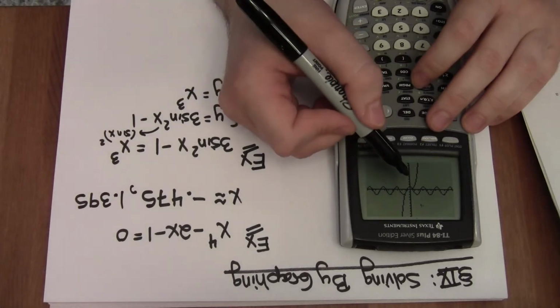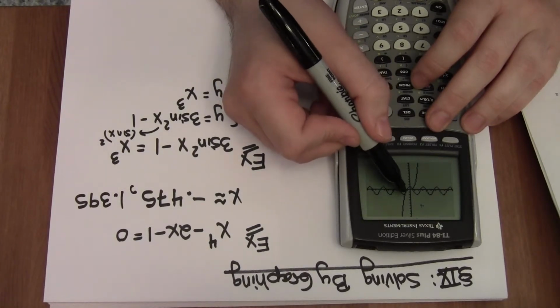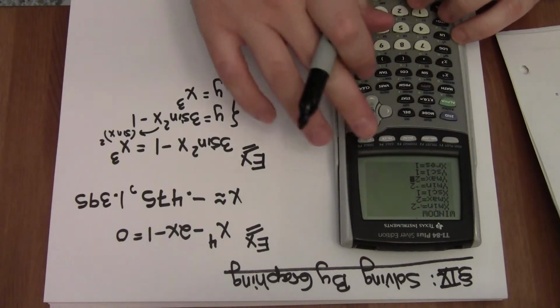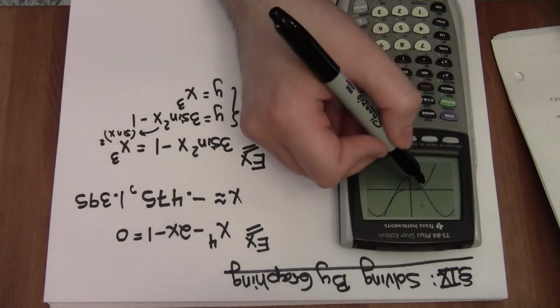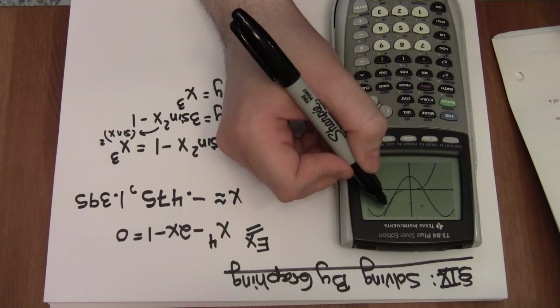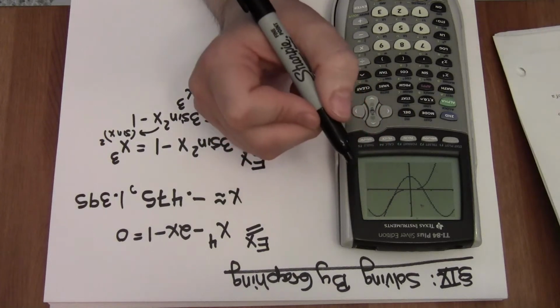I'm going to make my window maybe negative 2 to positive 2, and then negative 2 to positive 2 for the y values as well. Not bad over here. It's still a little bit tricky to see what's going on, but it does look like it's crossing in two places. Let me just start the process and hopefully things will work out.